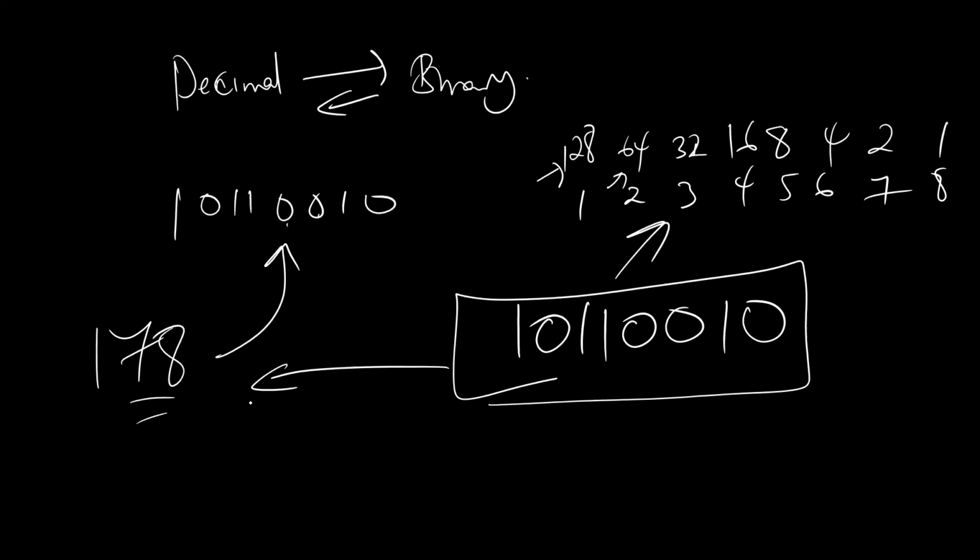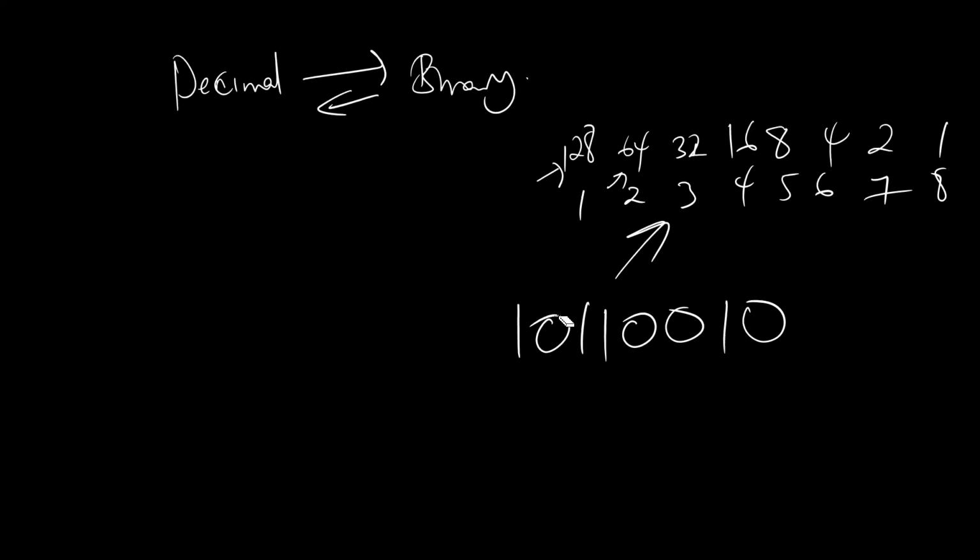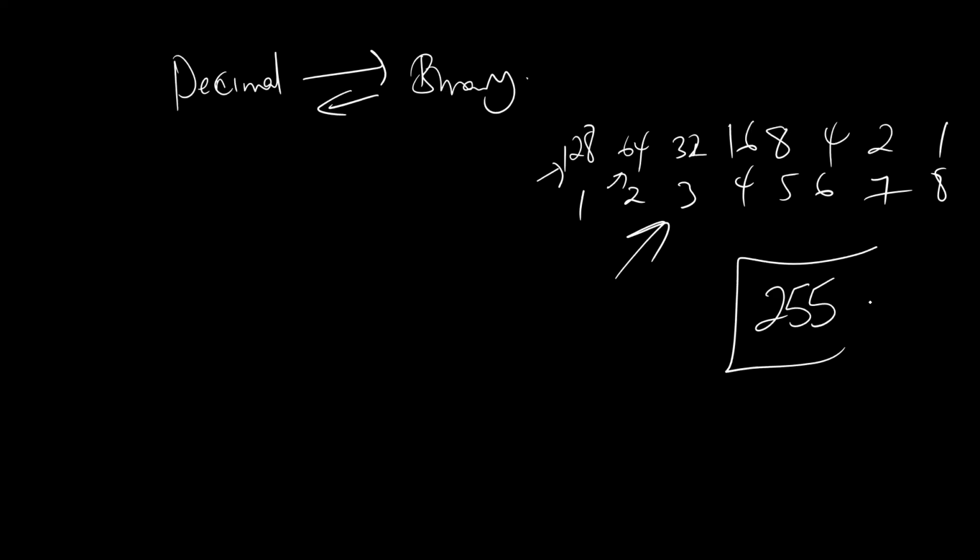Very easy. Another example. Let's have any number that you can have which is below 255. You can find it using that binary position notation. So let's have 237. Let's try to calculate 237.